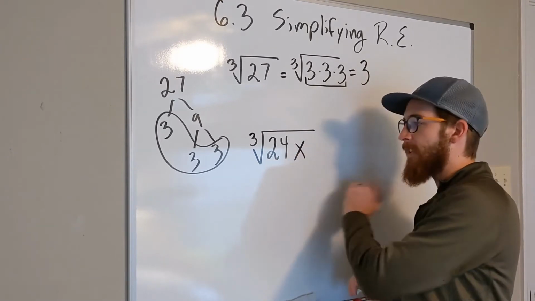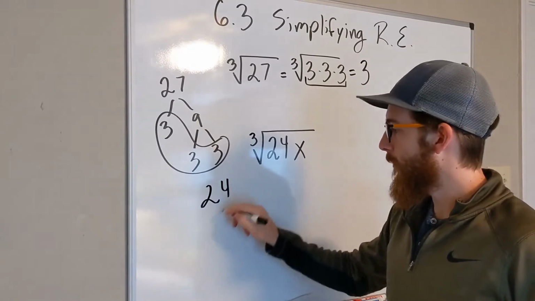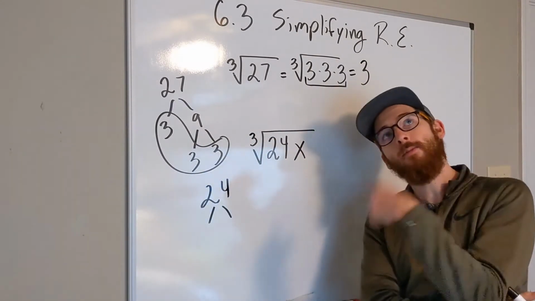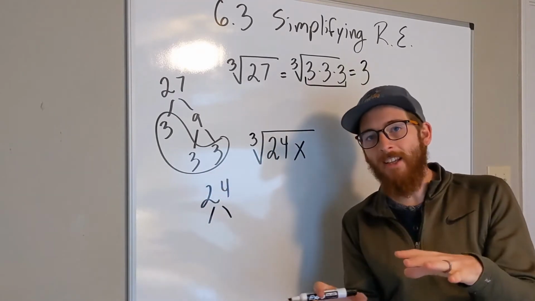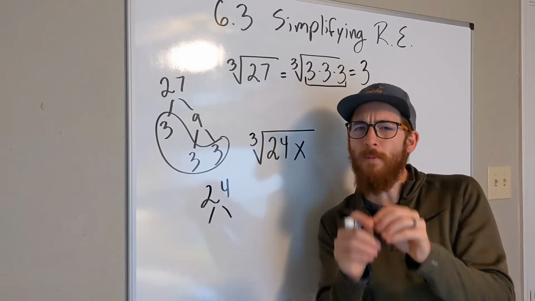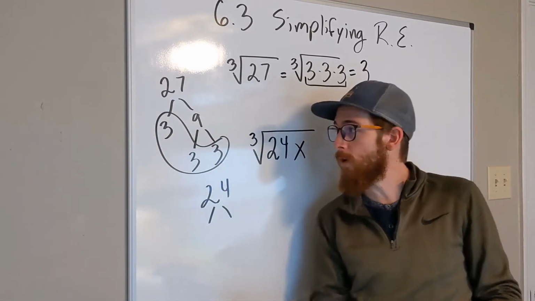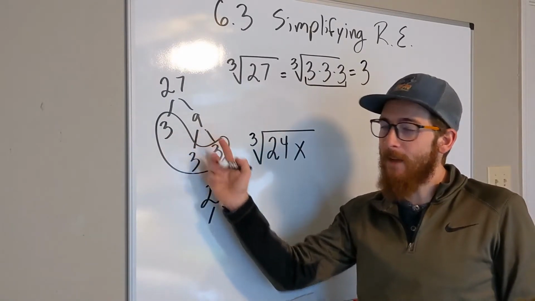So we're going to forget about the x for now and look at the 24. 24, and you're saying to yourself, 24, that's 2 times 12, or 4 times 6, or 3 times 8. All of those are valid, but what we want to do is pick one of them and then break it down as far as it will go, like I did here. I did 3 times 9, but then I took the 9 and broke it apart.